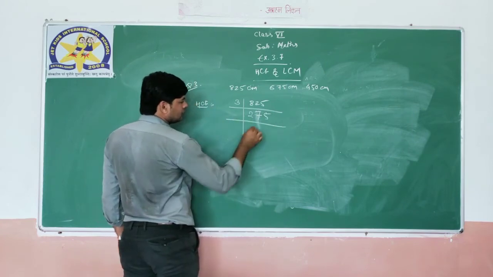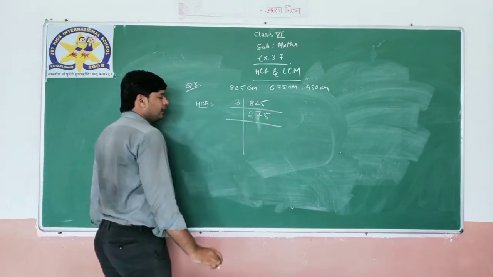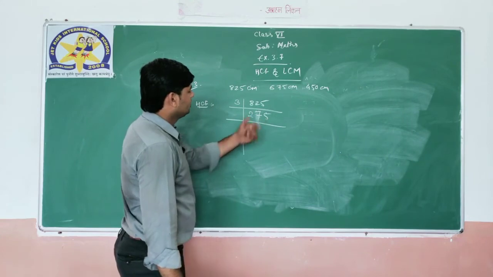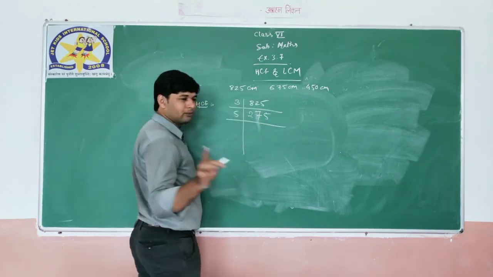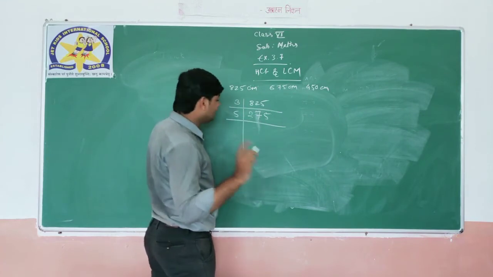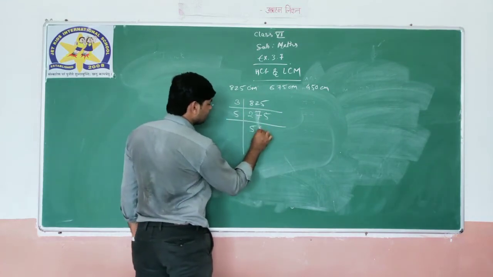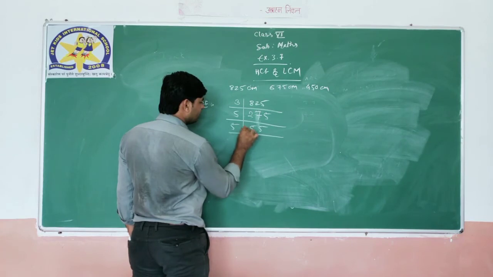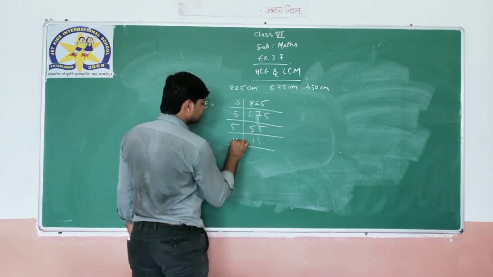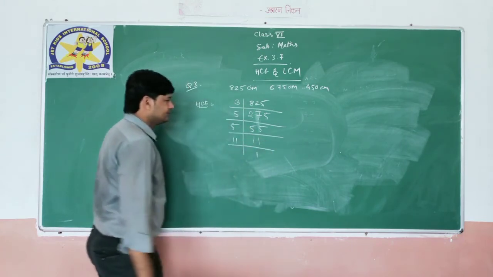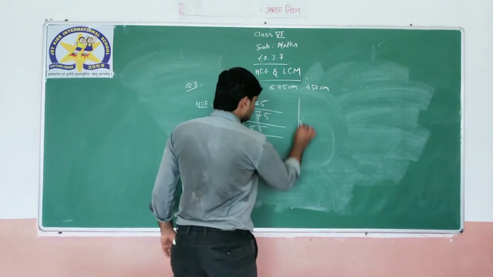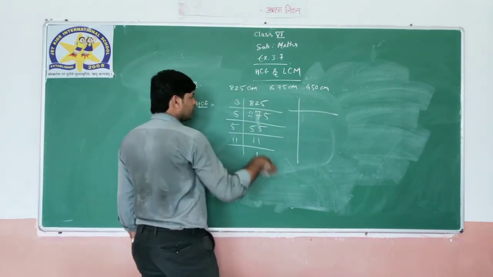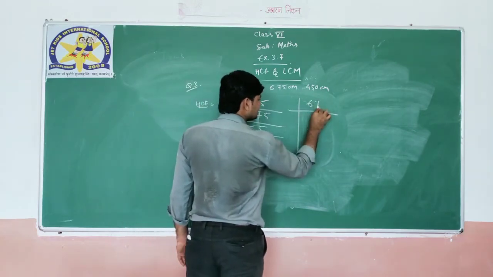Here, not divisible by 2, not divisible by 3, divisible by 5. We are doing prime factorization, so only prime numbers. 5 5s are again divided by 5, 5 11s are here. Okay, I am not going to spend time on it. You have to do it on your own. This is a very simple thing.